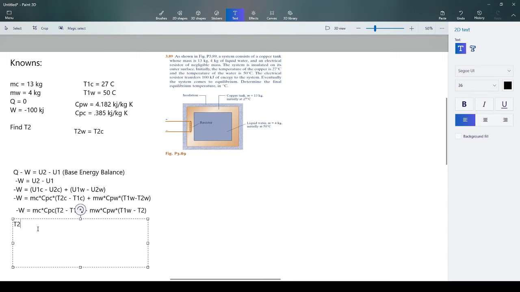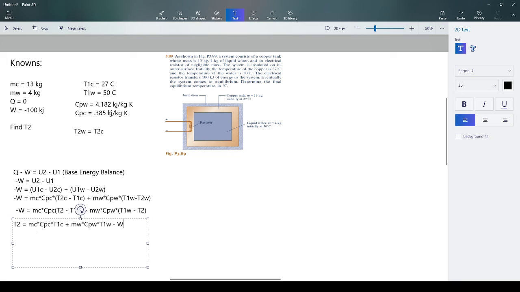T2 is equal to MC, so this is the mass of copper, times the CP of copper times T copper 1. So essentially TC1 or T1C, that's what I had, T1C, right? And then it's plus the mass of the water times the CP of water times the T1 water minus the work.